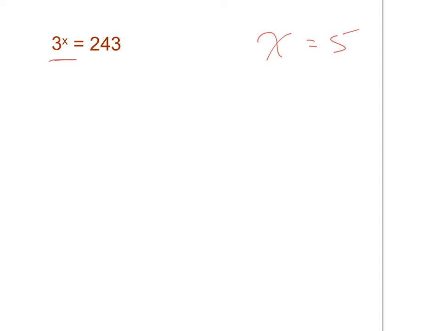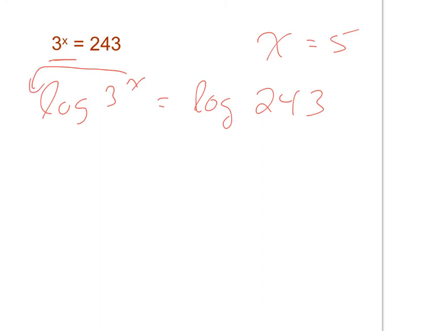So we're going to take the log of both sides, and we can either take the log or the ln of both sides. It doesn't matter. So we get log 3 to the x equals log 243. Whoop. Let me erase that and be neat. Log 243. Okay, we're going to use our properties of log and bring this x down in front. So I have x log 3 equal to log 243.